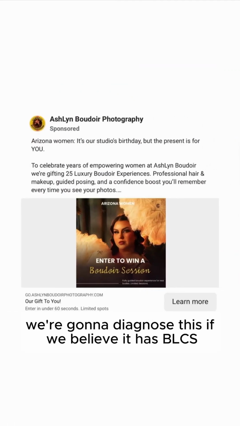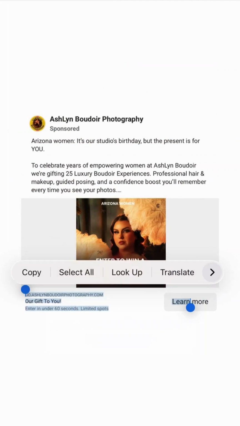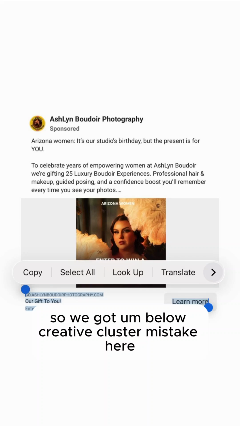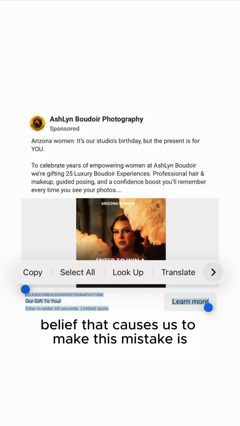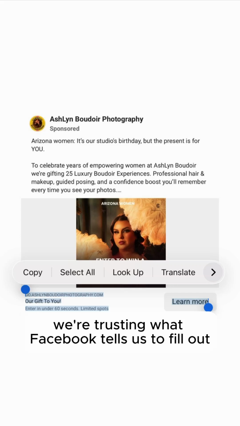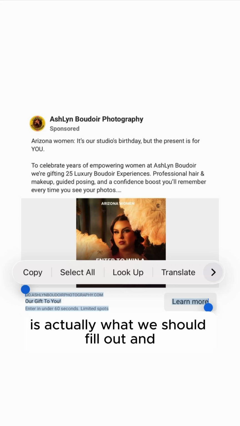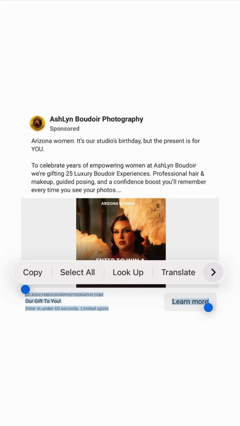Now we're going to diagnose this if we believe it has BLCS, aka Boudoir low click syndrome. So we got the below creative cluster mistake here. The false belief that causes us to make this mistake is we're trusting that what Facebook tells us to fill out when creating our ad is actually what we should fill out.